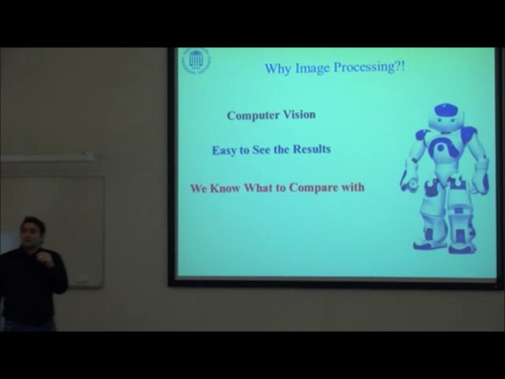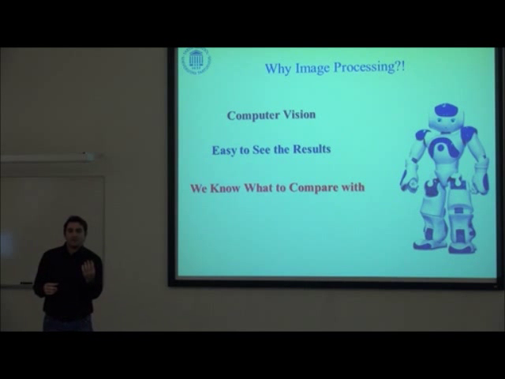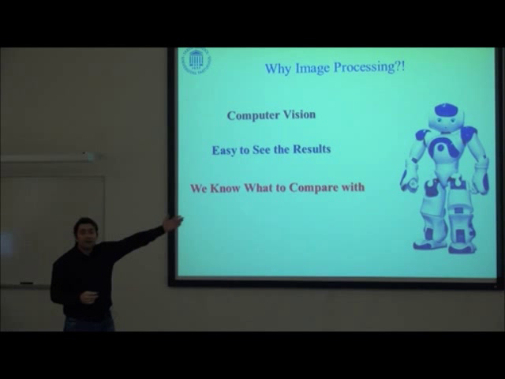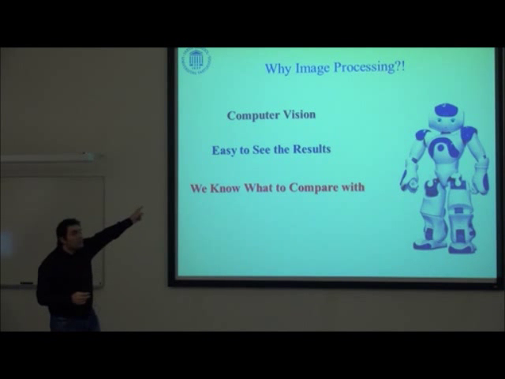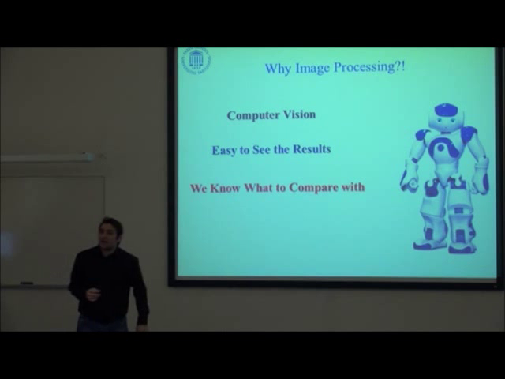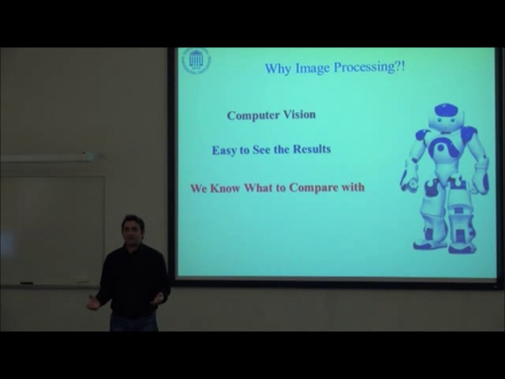Now, in continuation of why we have to do image processing: computer vision is so good. You can have it anywhere, on a robot, and you can easily see your result. This is very, very good. You know, a mathematician sits at a table.